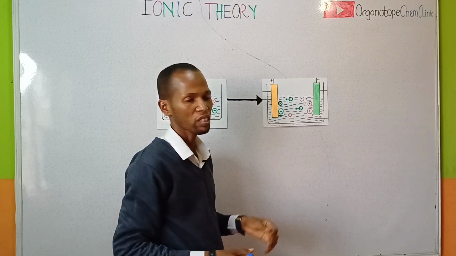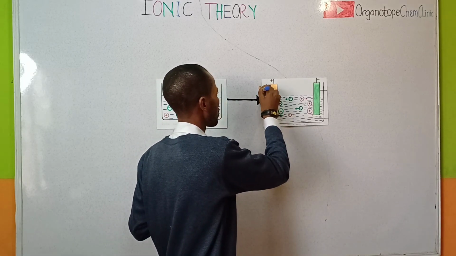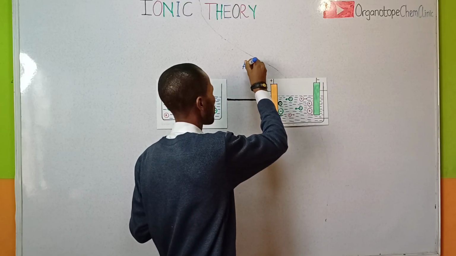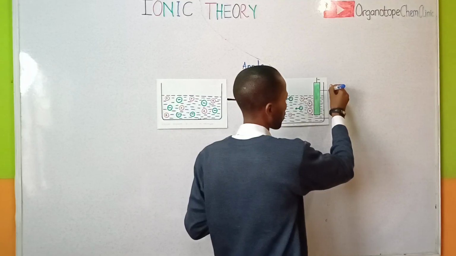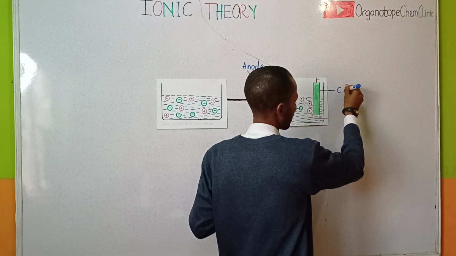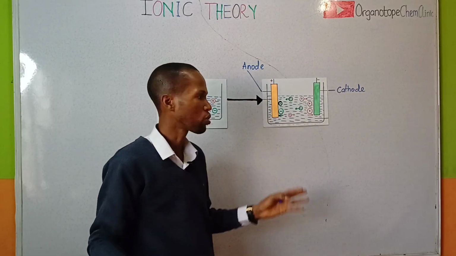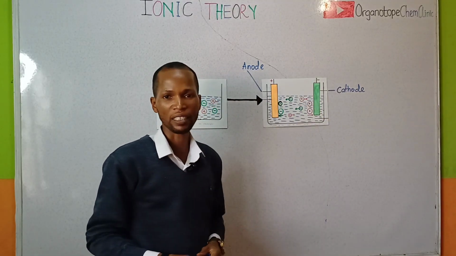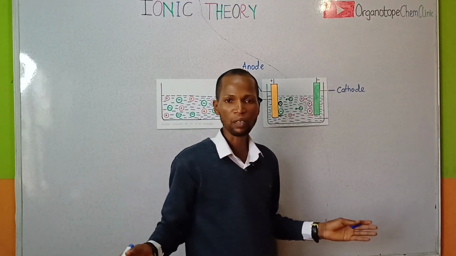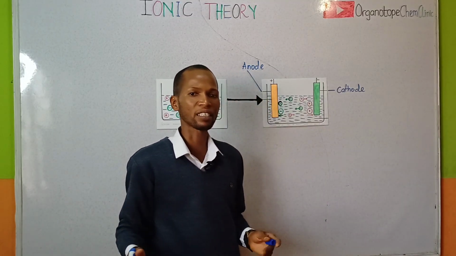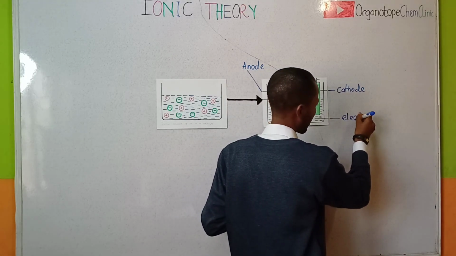So this positively charged rod or plate is referred to as the anode, while the negatively charged plate is referred to as the cathode. So we have the anode and the cathode right here. Then the solution of the ions, that is the positively charged ion as well as the negatively charged ion, is known as the electrolyte.